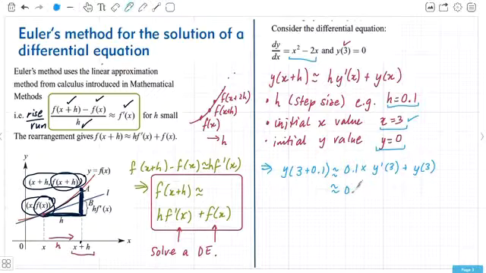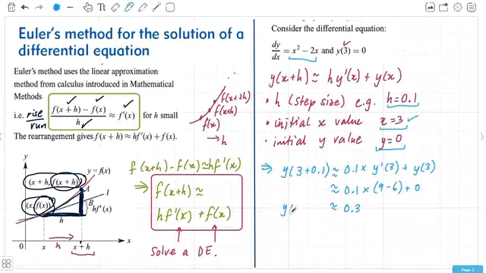So it's going to be 0.1 times the derivative when x equals 3 will be 9, take away 6, and y equals 0 when x equals 3. So this is going to be 0.3.